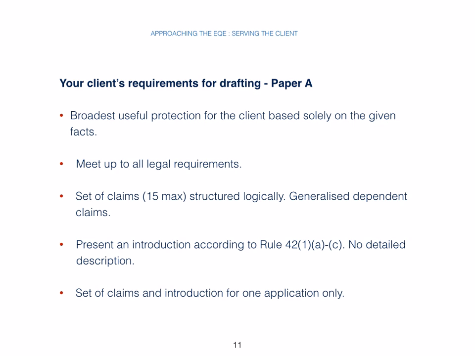And you are expected also to meet all legal requirements, which for drafting include things like novelty, inventive step, unity, clarity, proper division of a two-part claim, and so on. You are expected by the client to produce a set of claims that is structured logically, and there should be maximum 15 claims, as I said. Your dependent claims should be generalized or generic. You are not expected to provide trivial subclaims.